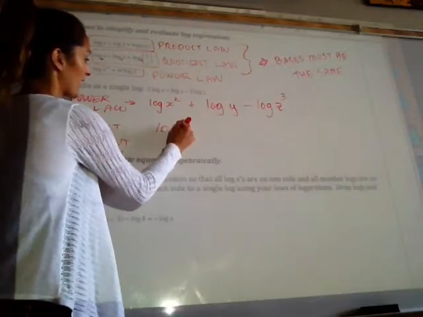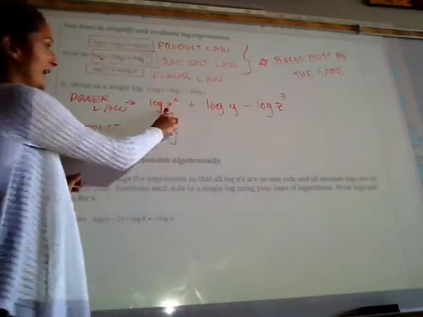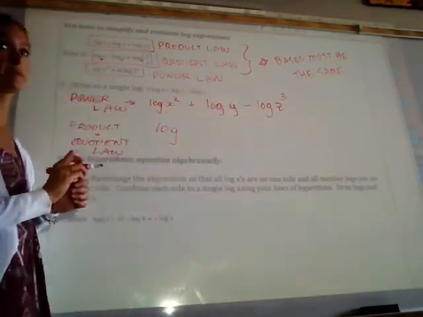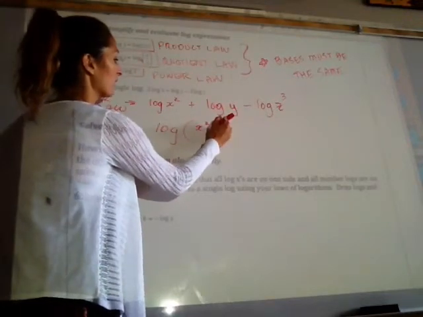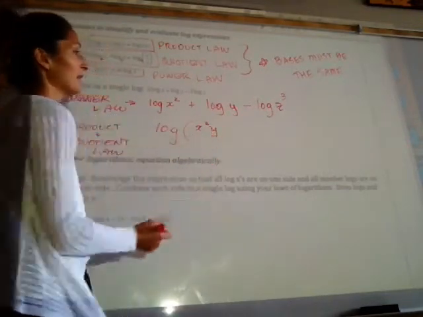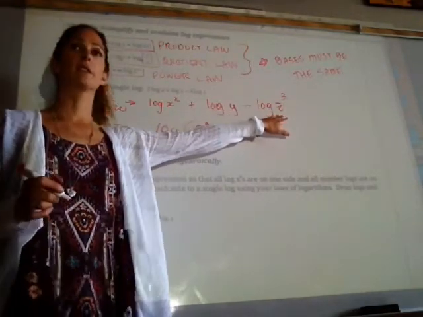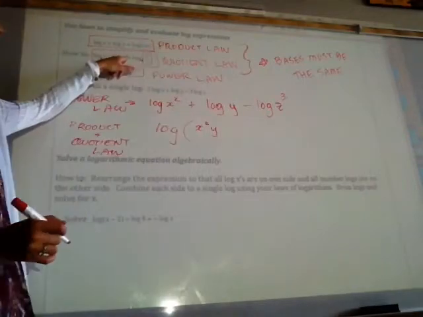Okay, I know that I will have one logarithm. If I'm adding logarithms with the same base, what do I do with the arguments? Multiply. So I have x squared times y. Now the last term, I'm subtracting log z cubed. So whenever we subtract, what happens?